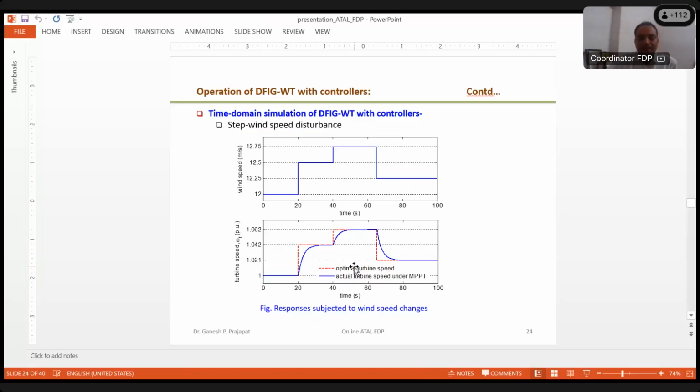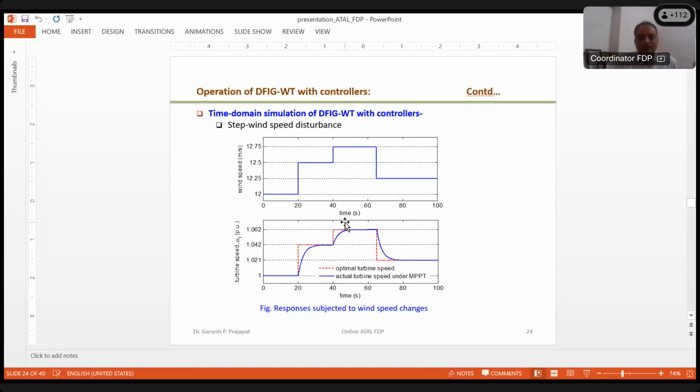As I already said about the turbine power coefficient curve, a generator operating at the maximum power point tracking point should always track the optimal value of the turbine speed. So here the blue curve is actually tracking the optimal value. This red one is the optimal value with respect to the wind speed.